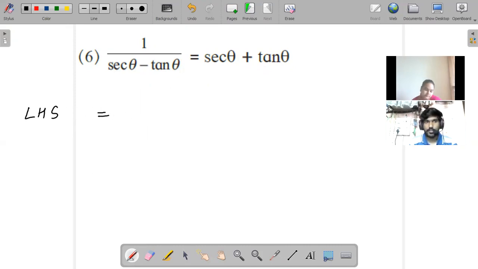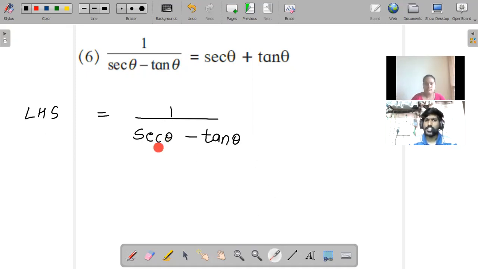So now here it is 1 upon sec theta minus tan theta. Now, note one thing that I will not use a reciprocal formula here, and sine upon cos we will not use. The reason is that you cannot separate 1 upon sec theta minus 1 upon tan theta that way.